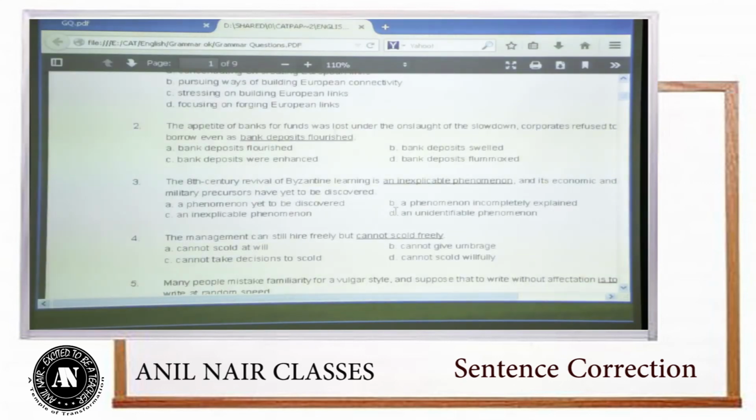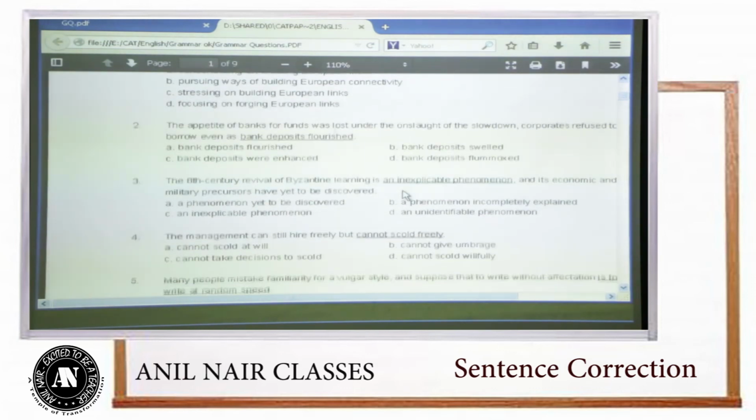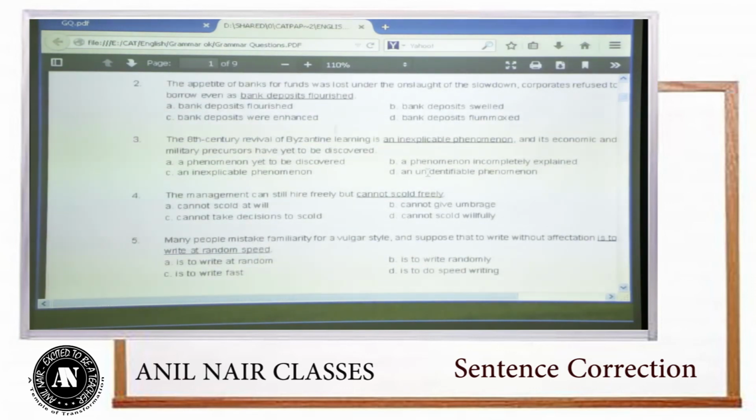Now look at the third question. First of all, I need to see if any word used is right or it needs to be replaced.